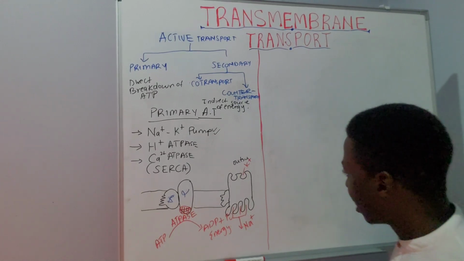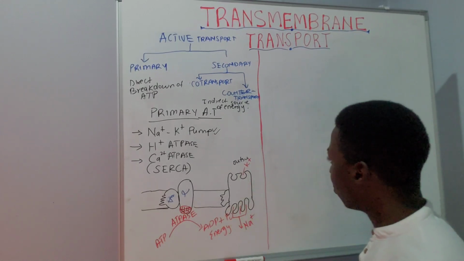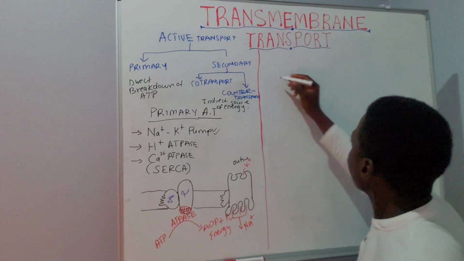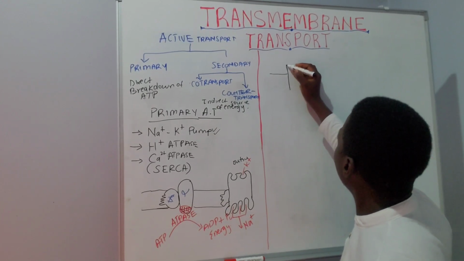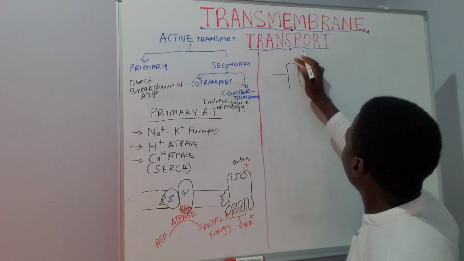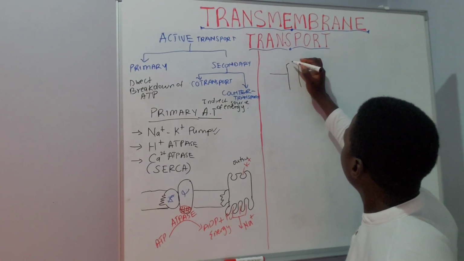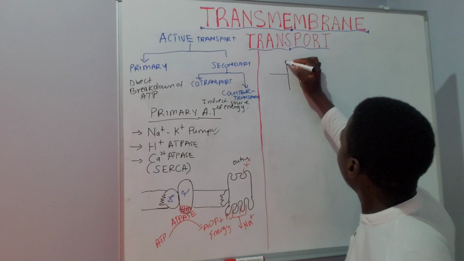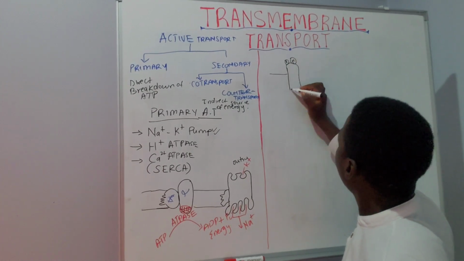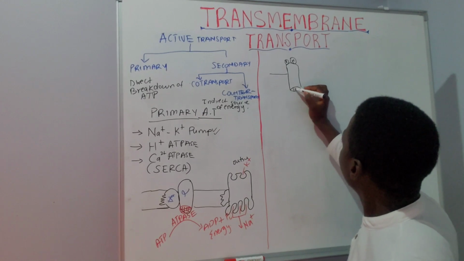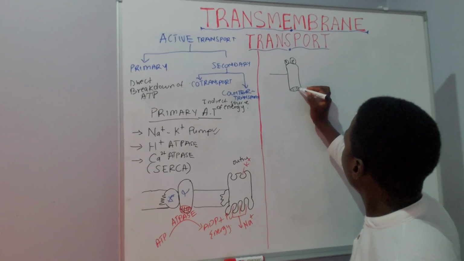So under normal circumstances, let me draw it here. When this channel has bound, we have 2 potassium, and then it is binding 3 sodium.